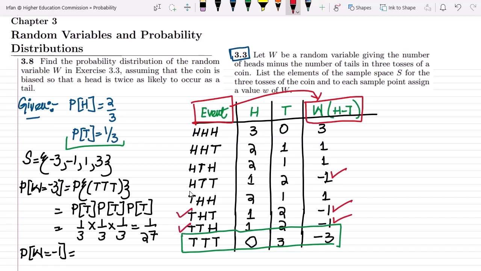I have to find the probability of heads, tail, tail. Similarly, the probability of tail, heads, tail. And the last one is the probability of tail, tail, heads. You can see that in all of these three events we have two tails and one head.